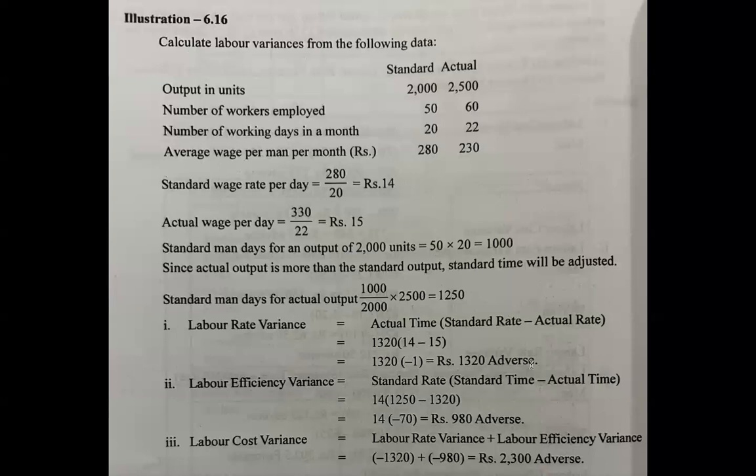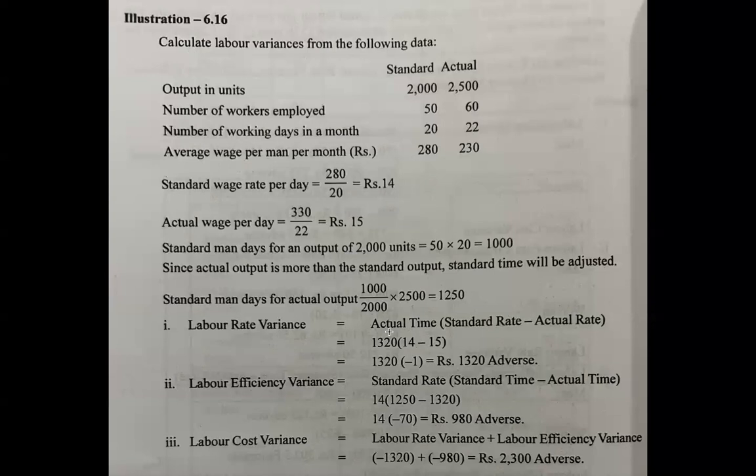Likewise, labor efficiency variance: you take the standard rate, 14, into 1250 minus 1320, which is standard time minus actual time. You may be wondering how you got the 1320.